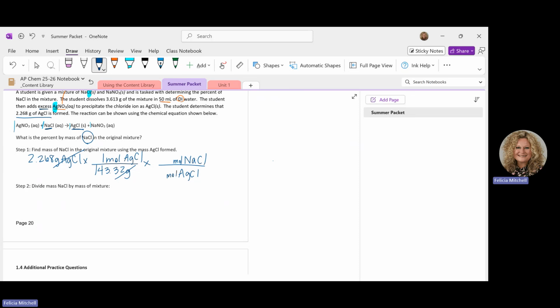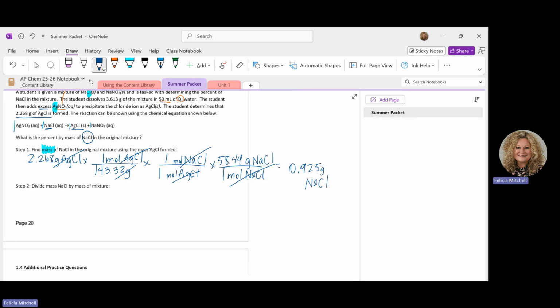Why? Because I'm trying to study NaCl. And I know that the problem is asking me about grams or mass, not moles. So now I've got to take the moles of NaCl and flip that back to grams of NaCl, using 58.44 molar mass. Add up the Na and the Cl from the periodic table.